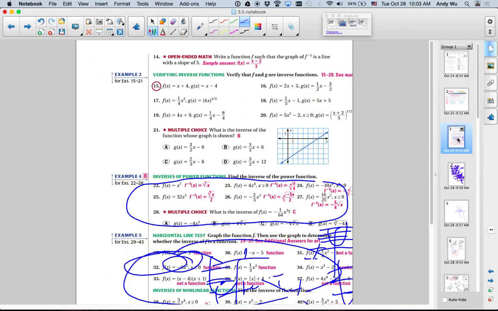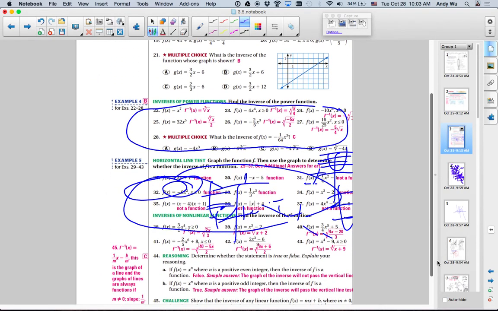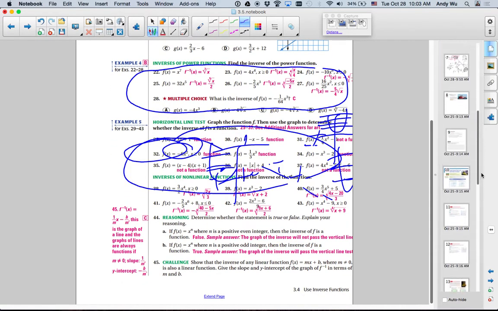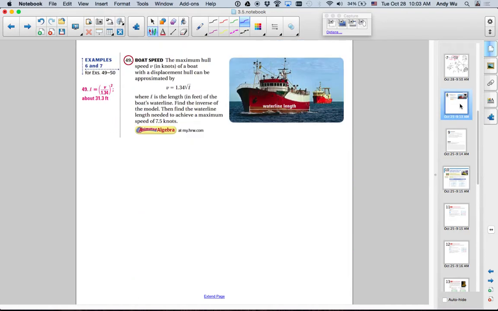49. I think that's down on the next page. Is that 49? Okay, this is the one that we rushed quickly during class. Basically, you're finding an inverse of the model. You don't even really need to read the question.